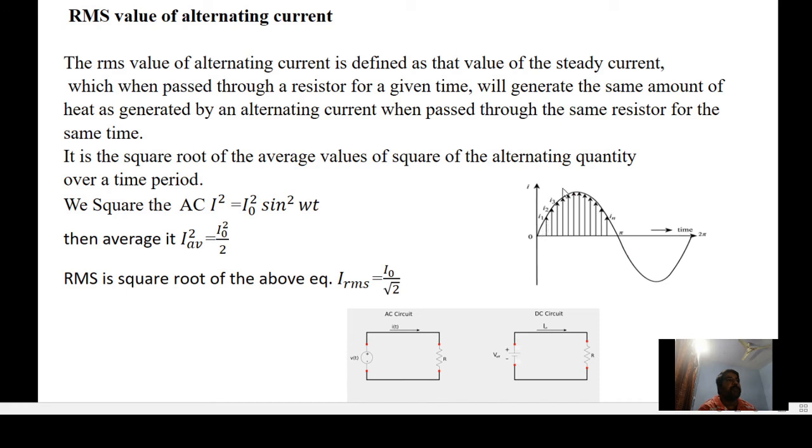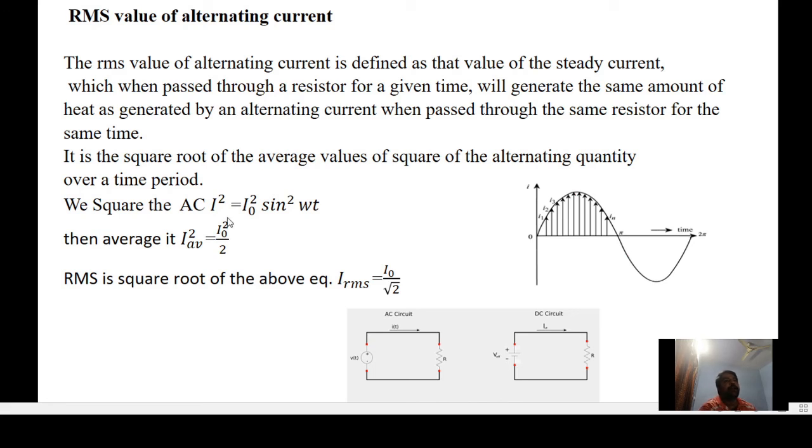When we calculate the average value of AC over a complete cycle, the net value of current or voltage is 0. That's why, in order to evaluate alternating quantities, we use the root mean square value of AC. It is the square root of the average value of the square of the alternating quantity over a time period.